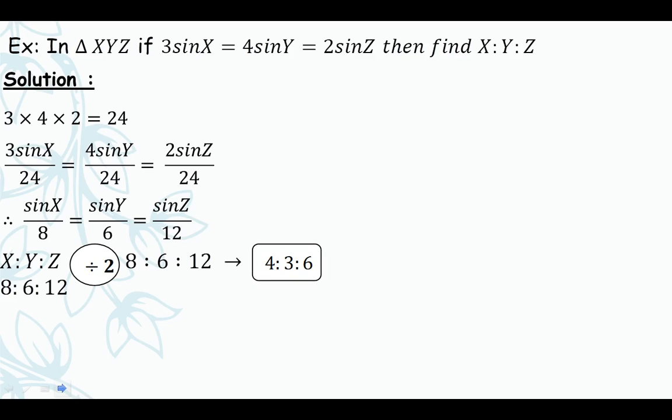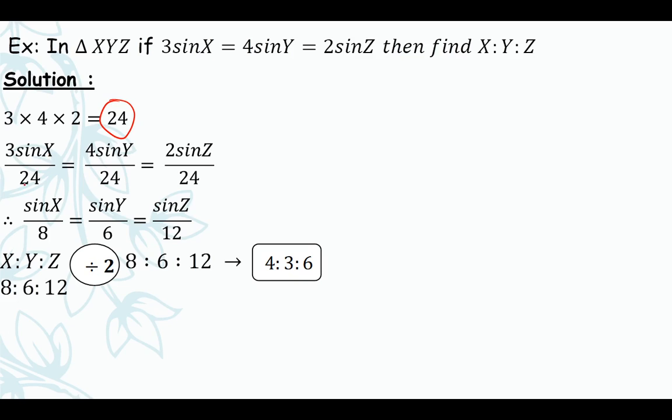If you forget the LCM of these numbers, you can multiply 3 times 4 times 2, and the result will be 24. Then for 3 sine X, 4 sine Y, and 2 sine Z, the three given values, I'll divide each value by 24.